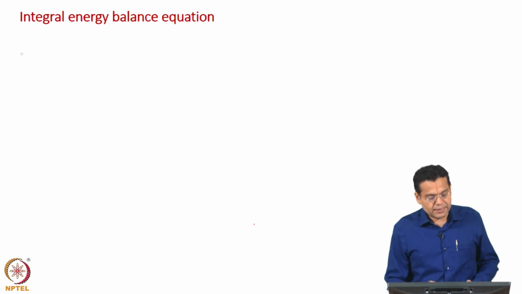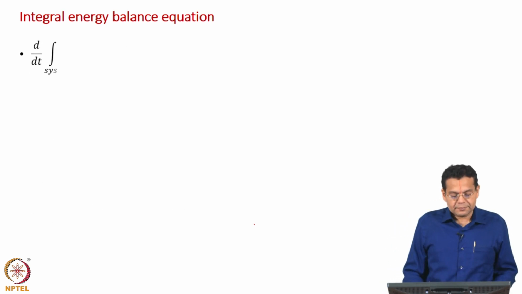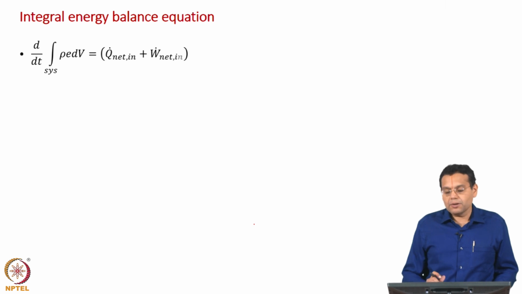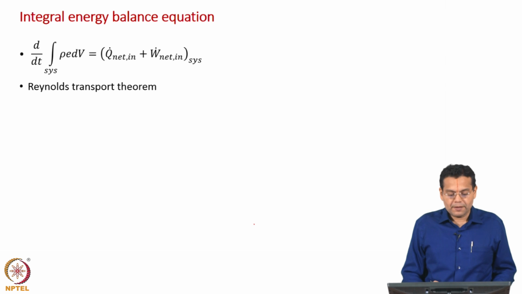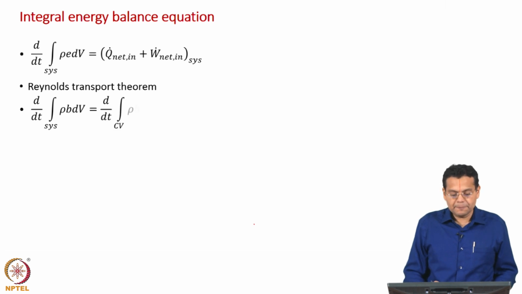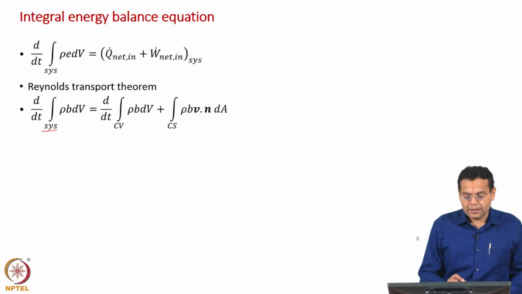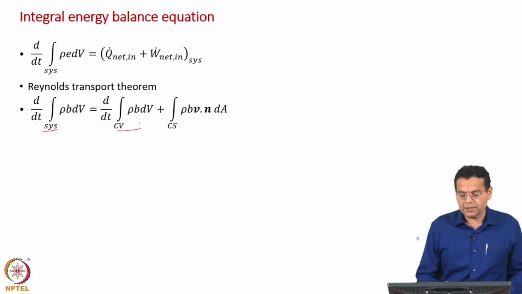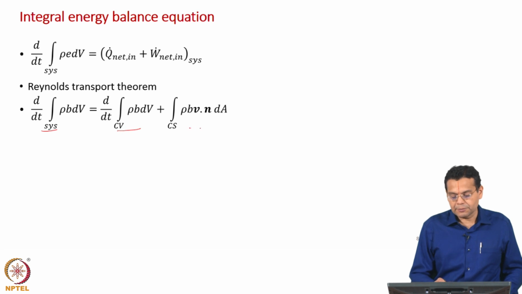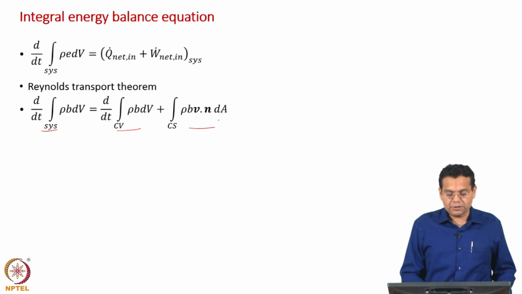Okay. So, let us rewrite that equation. Now we will use the Reynolds transport theorem, and this is a general form of Reynolds transport theorem for any intensive property B, which relates rate of change of property for the system to the rate of change of property for the control volume and net rate at which property leaves through the control surface.